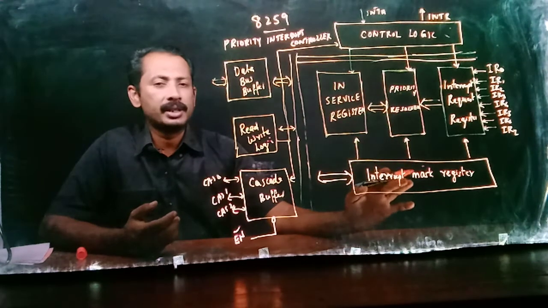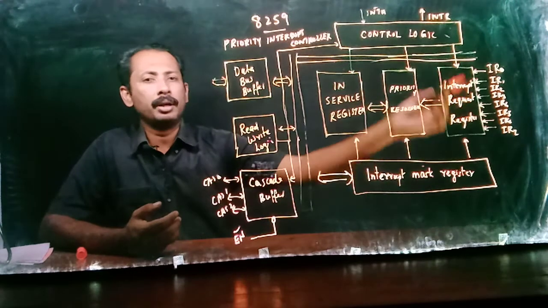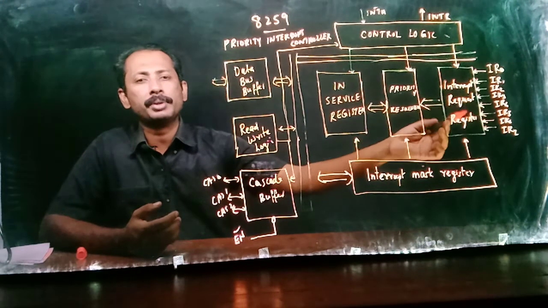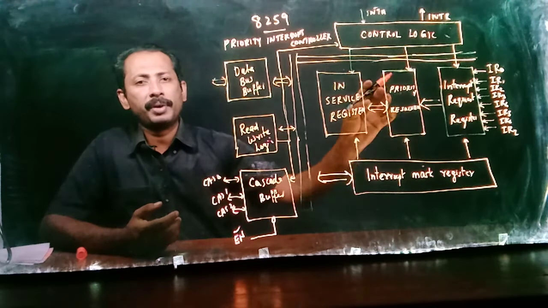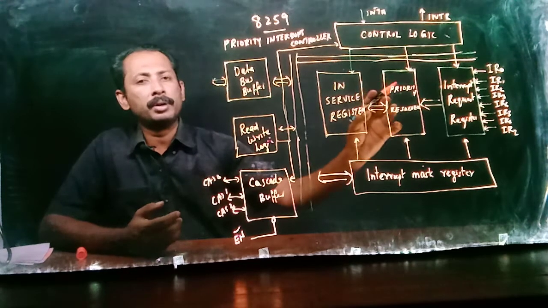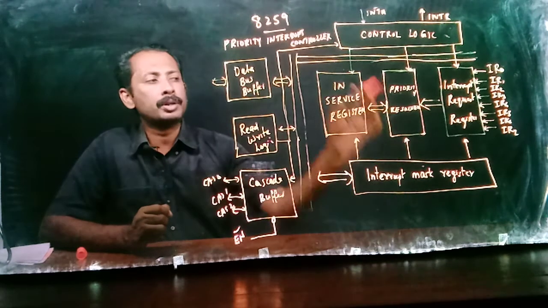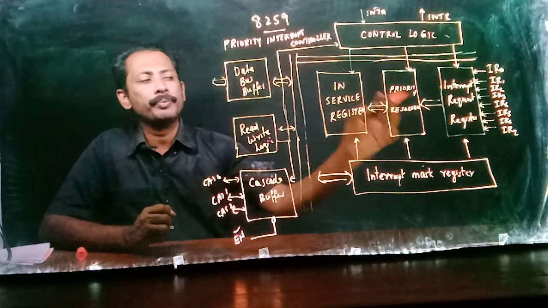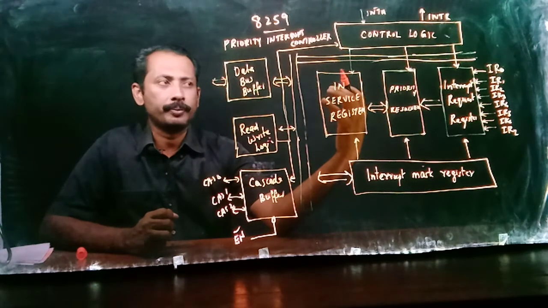This has the facility of masking, the facility of requesting multiple interrupts at a time, and the facility of specifying priorities. The interrupt having higher priority will be resolved by the priority resolver and passed towards the in service register.